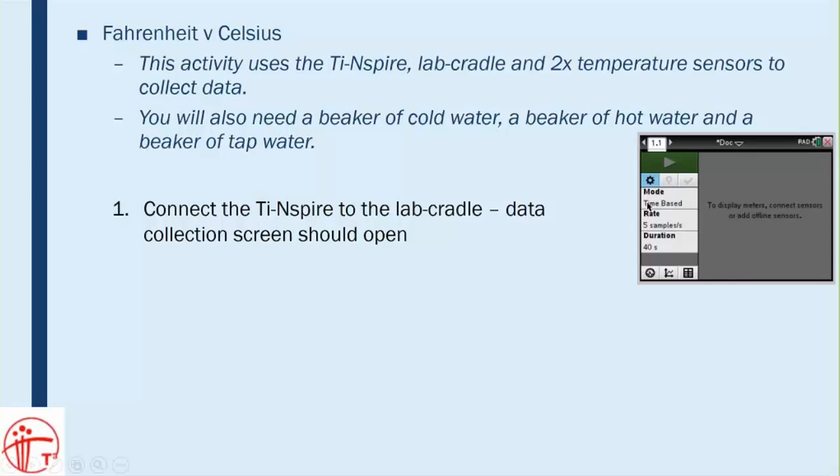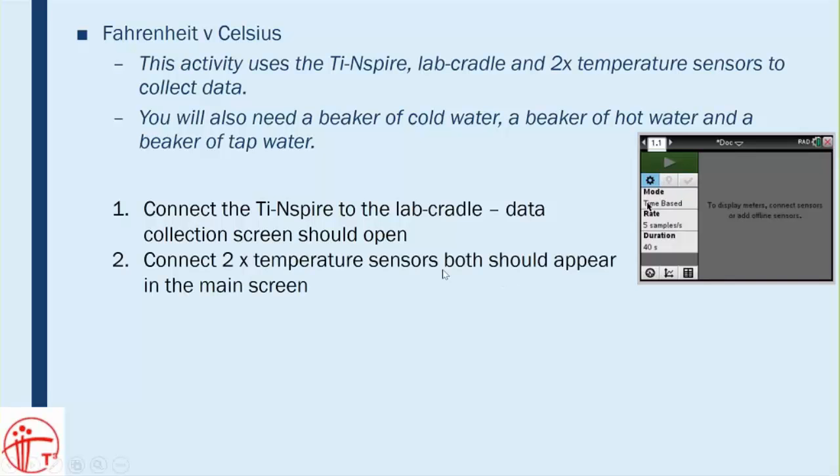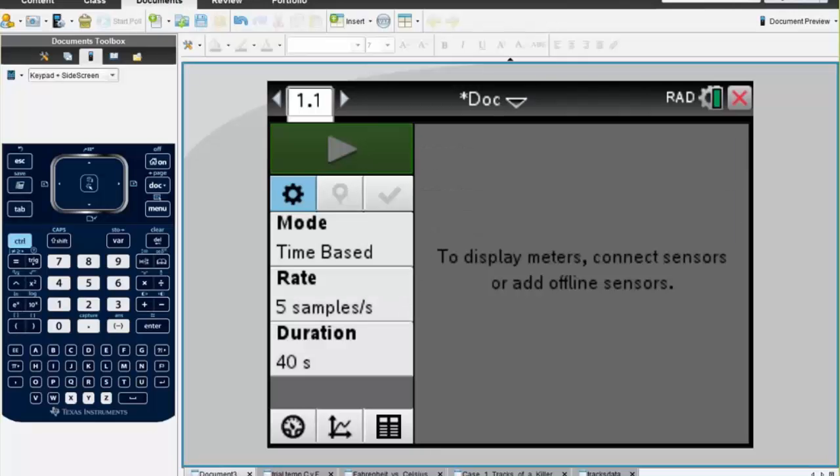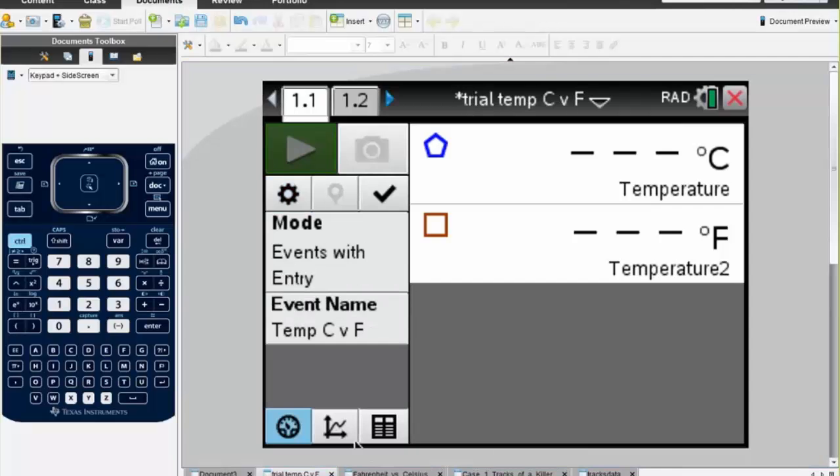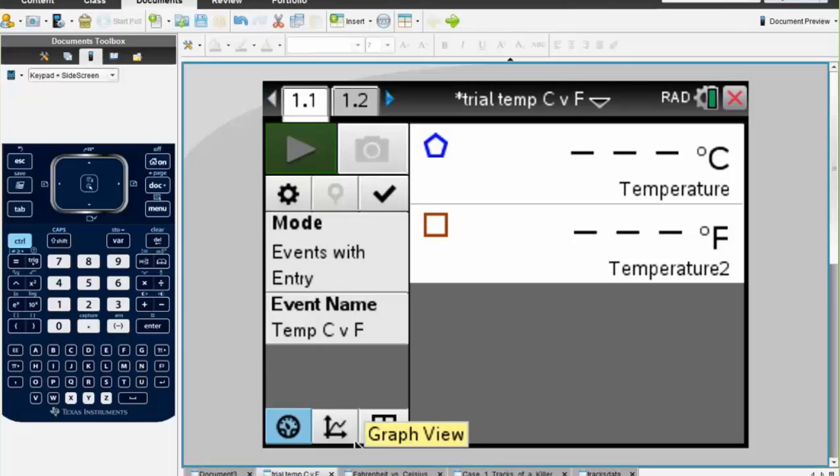The next thing we're going to do is connect our 2 temperature sensors. I'm going to flick back into my software, and go into a document that I set up a little bit earlier. You can see here that where I had it set up earlier, it registered 2 of the sensors.